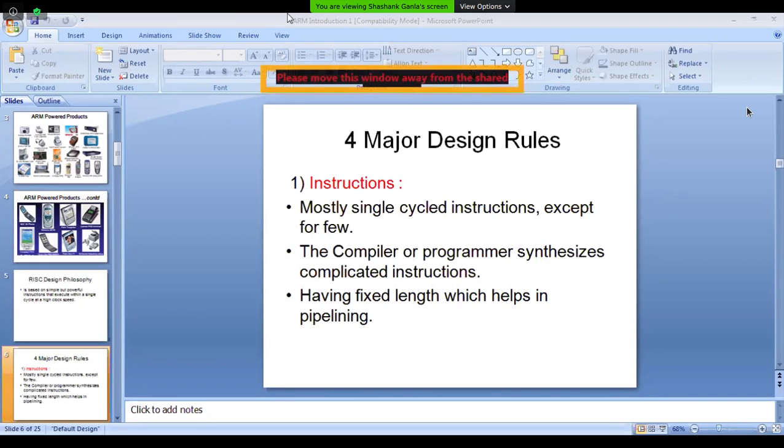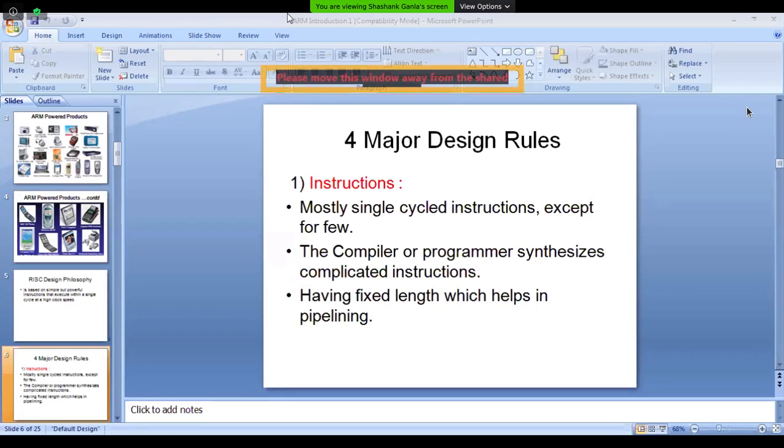When the first instruction is fetched and goes into the decode state in the second clock cycle, simultaneously in the second clock cycle a second instruction is being fetched. When the first instruction goes into the execution state in the third clock cycle, simultaneously the second instruction is being decoded and the third instruction is being fetched.